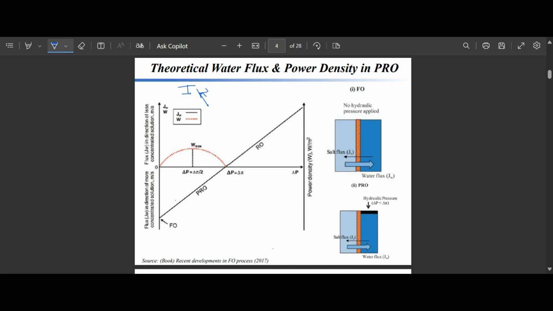Everybody agree? The driving power is increased. But how about water flux? According to the equation, it is decreased by minus delta P. Over time the water flux is decreased, so it's not good for water production.